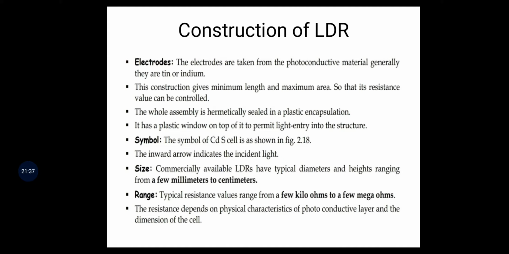Commercial level LDRs have typical diameters and heights ranging from a few millimeters to centimeters. These are very small in size. Typical resistance values range from a few kilo ohms to a few mega ohms.